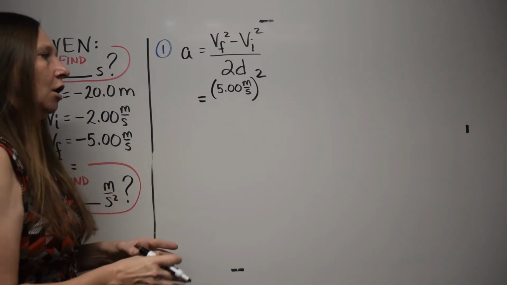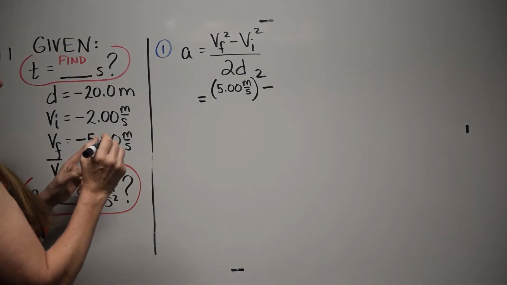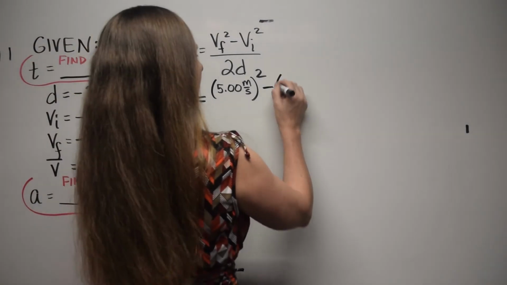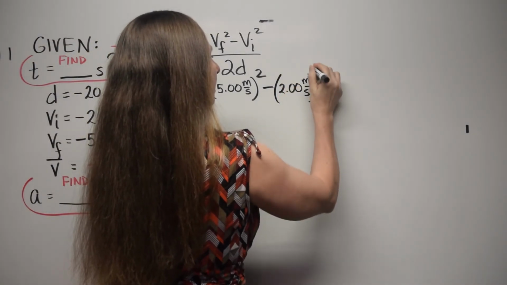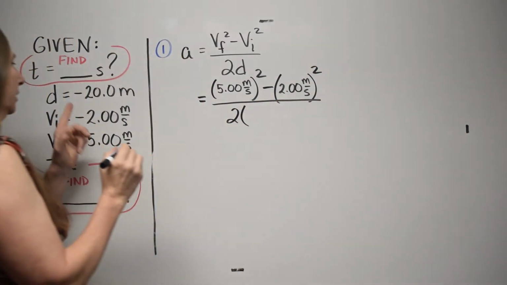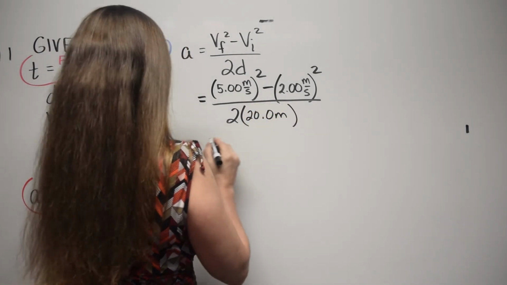The math is wrong if you write it that way, so don't do that. Now, my initial velocity, 2.00, so 2.00 meters per second squared, all over 2 times the displacement, 20 meters.